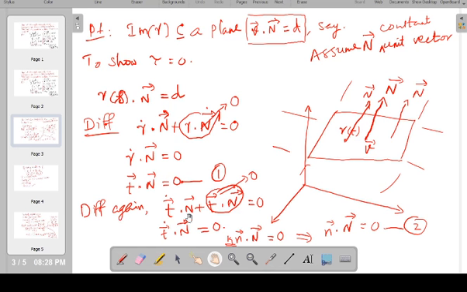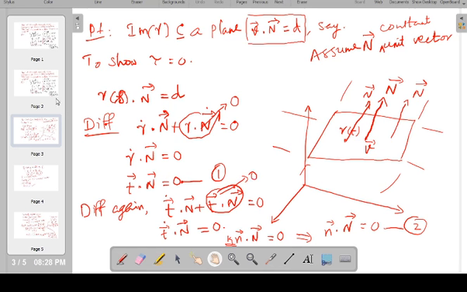So t dot inner product n plus t inner product n dot equal to 0, but n dot is again the 0 vector because n is a constant vector. So this expression is 0. So you will get t dot inner product n equal to 0.